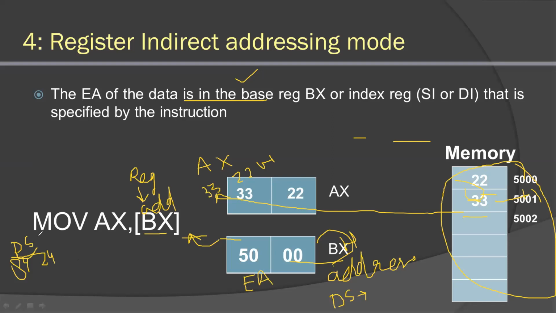So the representation of the physical address will be like this: DS colon BX. Can anyone calculate the value of the physical address? The physical address is the final 20-bit address, because 8086 is a 20-bit microprocessor.